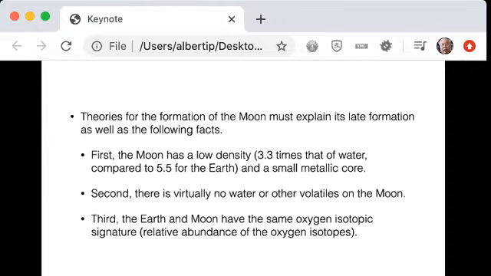The moon is about 3.3 times the density of water, whereas we are 5.5. So a lot of our heavy elements at that time had already been located in our core, in the middle. And secondly, there's no water on the moon.